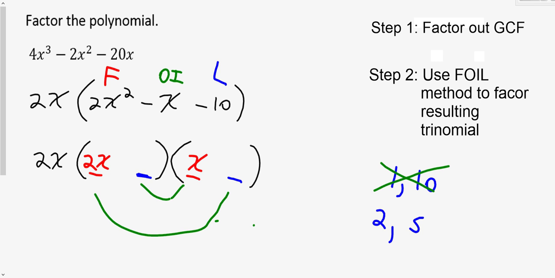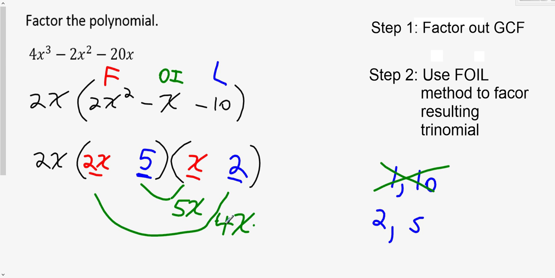If we're going to try the 2 and the 5, the 2 can't go here because 2 and 2 have a common factor. It would have to be 5 here and 2 here. Now let's check. Outside, outside gives me 4x, 2x times 2. Inside, inside gives me 5x, 5 times x. Is it possible to get negative 1x from 5x and 4x either being added or subtracted?